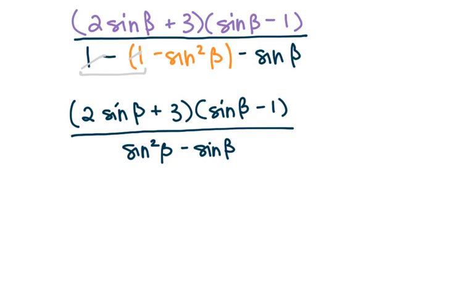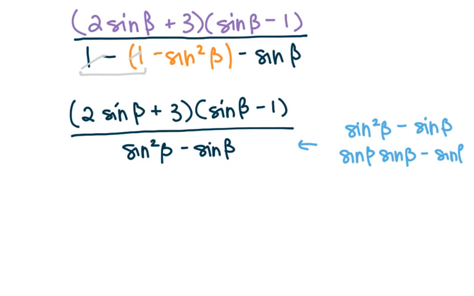So my numerator is pretty factored. Can I factor something in the denominator? So keep in mind that sine squared beta minus sine beta, that's the same as sine beta times sine beta minus sine beta. And I can factor out a sine beta, which would leave me with sine beta minus 1.